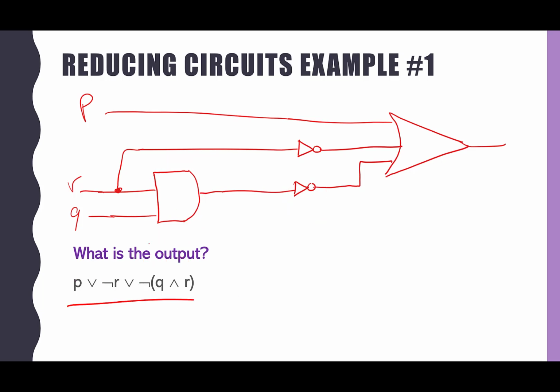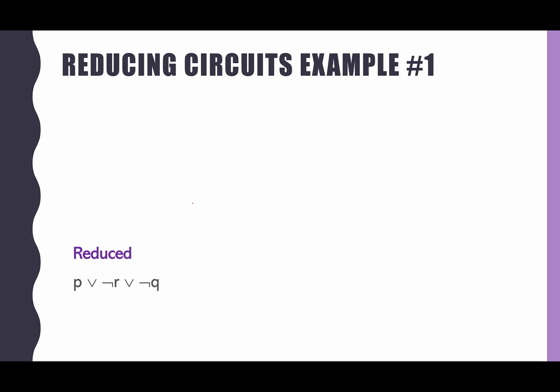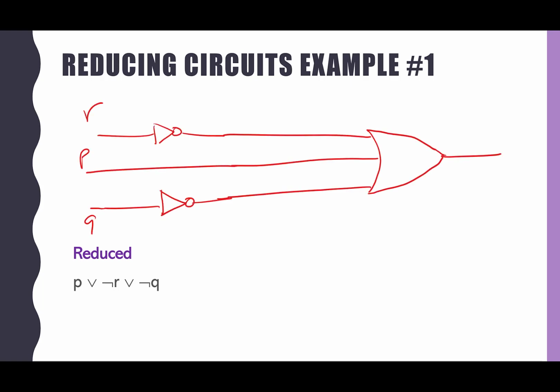Okay. So let's take a look at the next one. Could I reduce this same circuit here? The answer is yes, and this is what I get reduced. Okay, it's not much, but it's a better circuit. We got rid of that AND gate. So now we have a better, cleaner circuit.